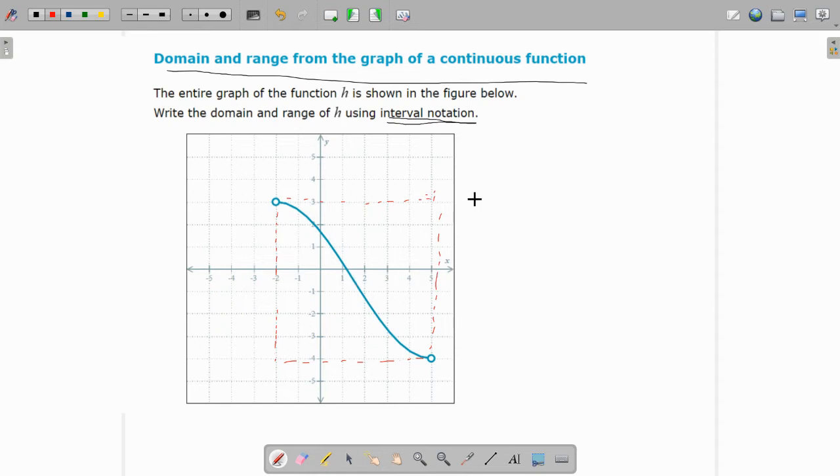The domain are the x values, so it's left, right. The furthest left that my box goes is -2, and it's an open circle.